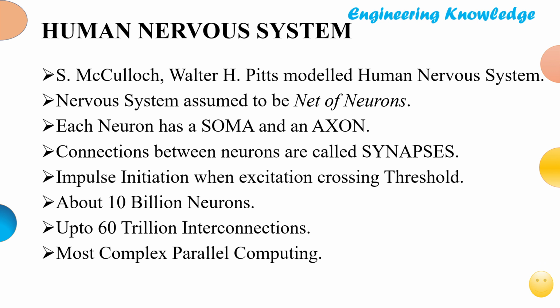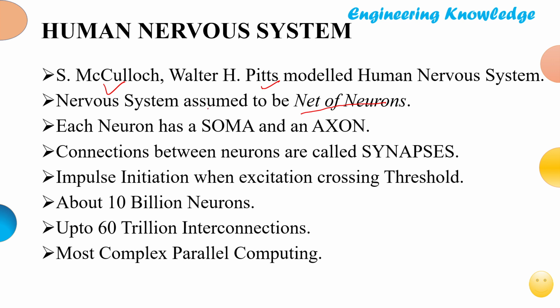So how did it start? It started when two scientists, McCulloch and Pitts, modeled the human nervous system, because that is the most complex. The human nervous system is the most complex computing device. So the nervous system was assumed to consist of a net of neurons.